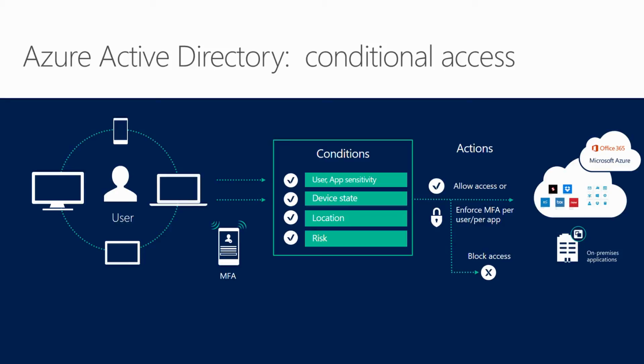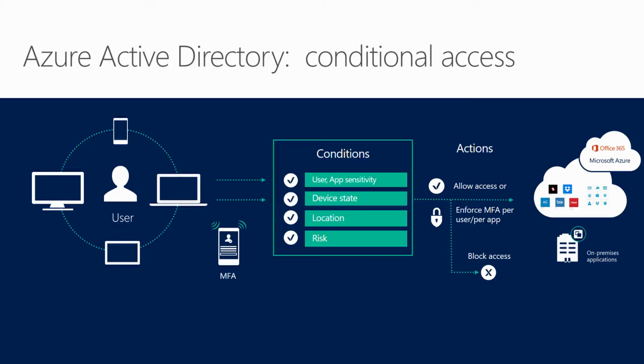You might want to say, anyone can get at their email, but if they want to get at an administrative app, they have to do it from on-premise, or from a device we recognize, or have done multi-factor authentication. So you can combine these, and again, this helps to ensure that you don't have an administrative surface for one of these SaaS apps that's visible to anywhere on the internet, because then you're at risk in case a password happens to be guessed, or somehow an administrator's computer gets hacked.